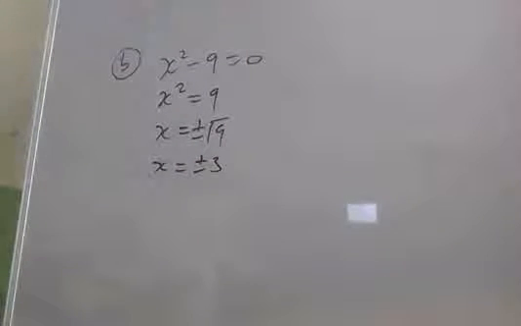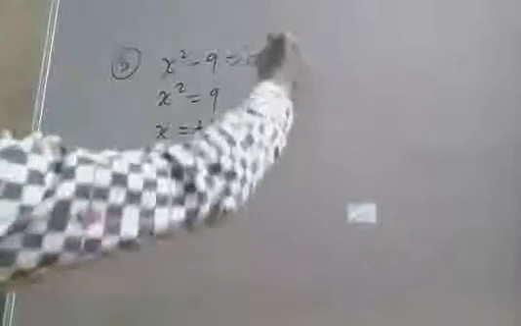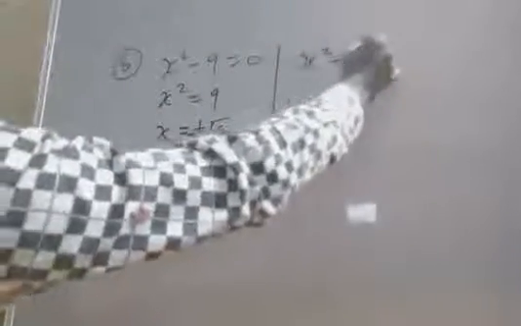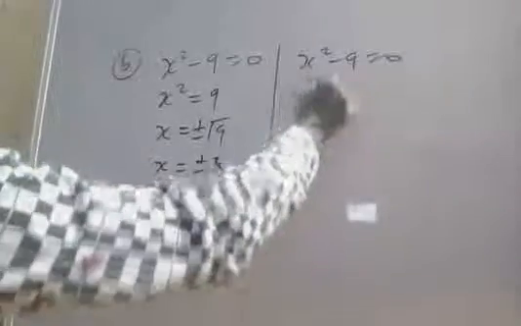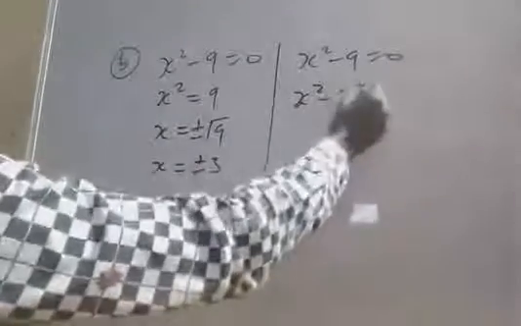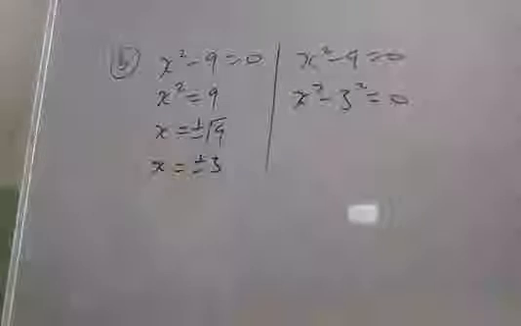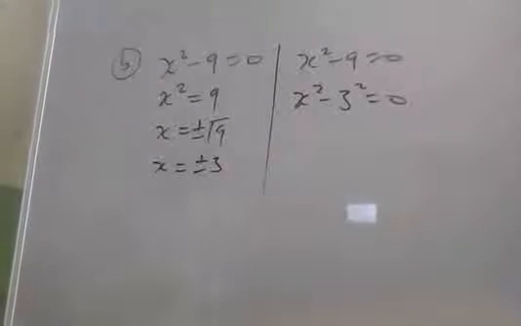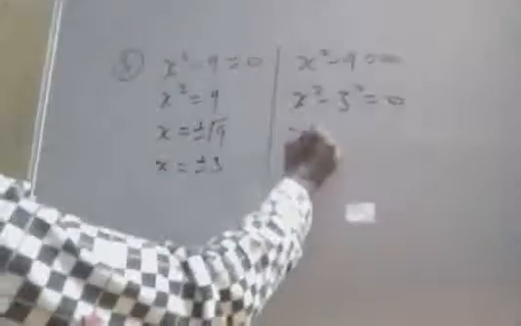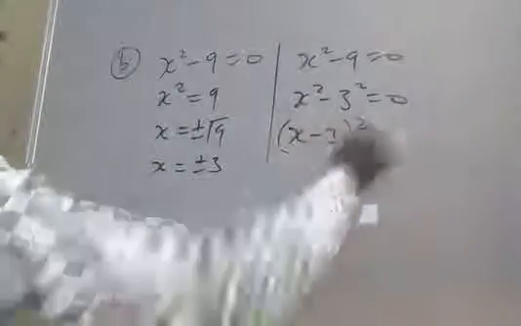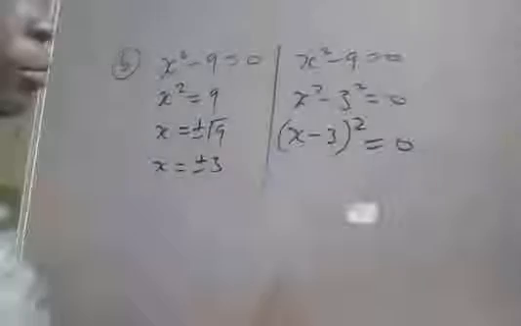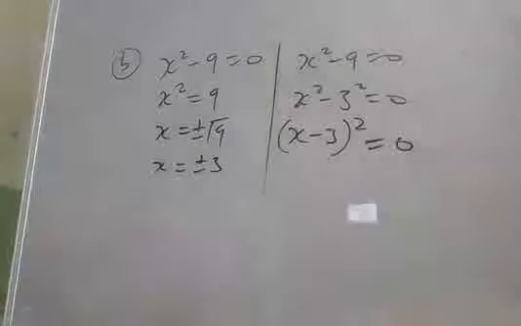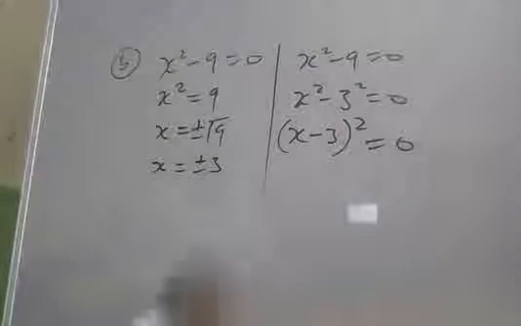Alternatively, we can say x squared minus 9 is equals to 0. x squared minus 3 squared is equals to 0, because 9 is 3 raised to the power of 2. This is what we call difference of two squares in mathematics.